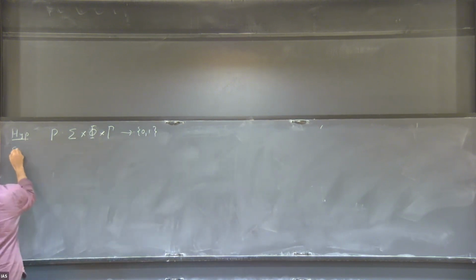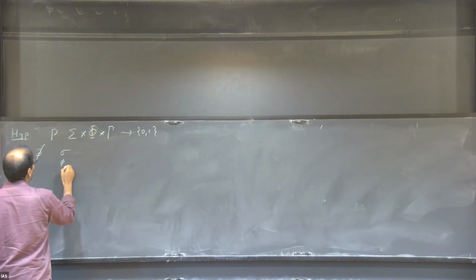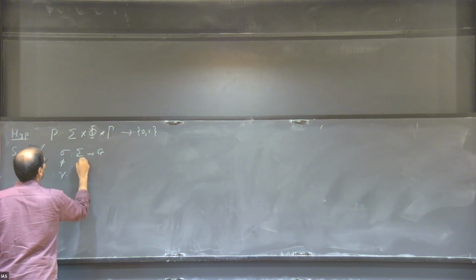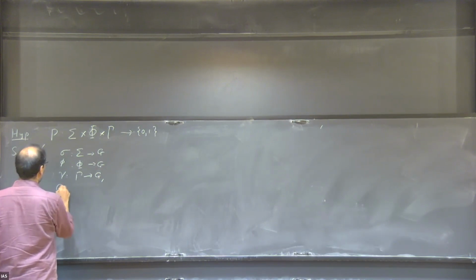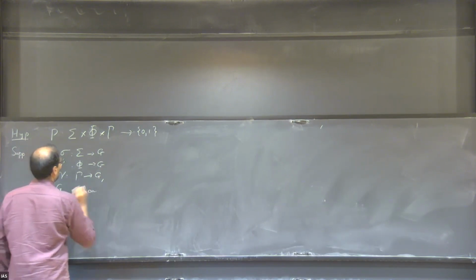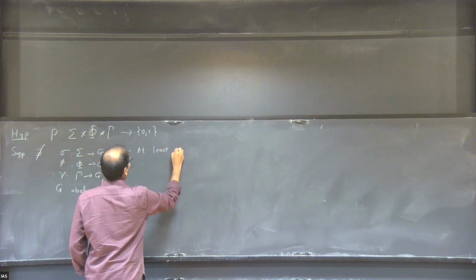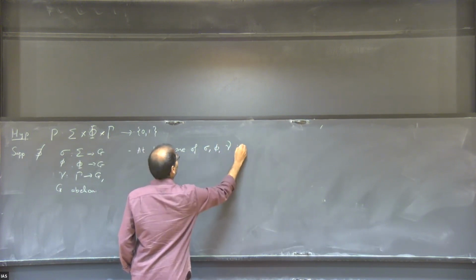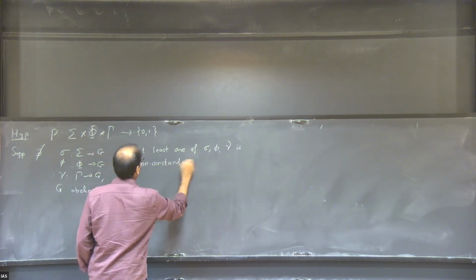Now suppose there does not exist this group embedding, meaning there do not exist maps little sigma, little phi, little gamma, which embed these alphabets into some abelian group G. Moreover, at least one of these is non-constant, because you have to have some non-triviality.